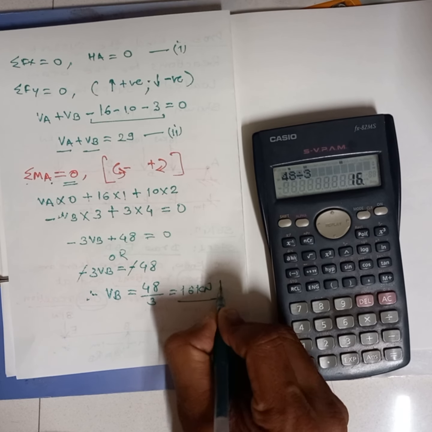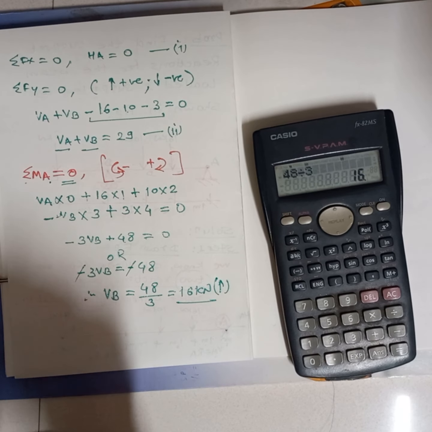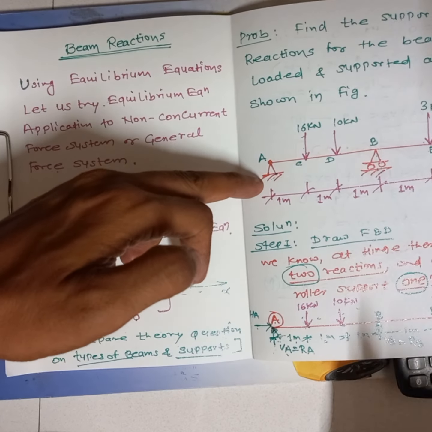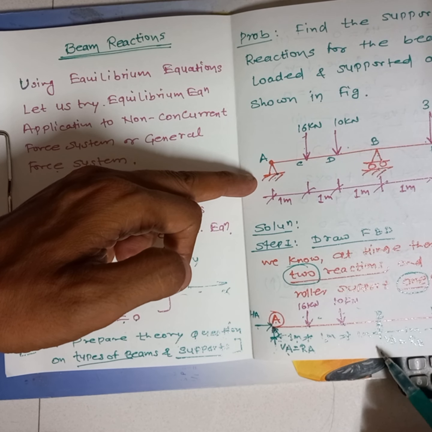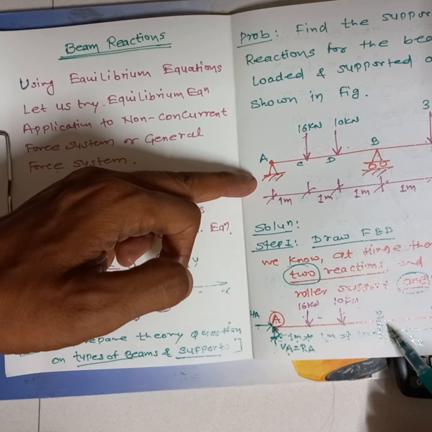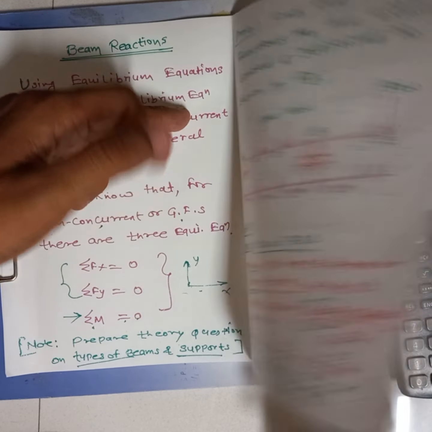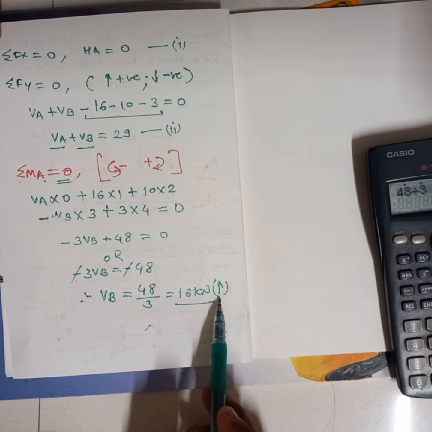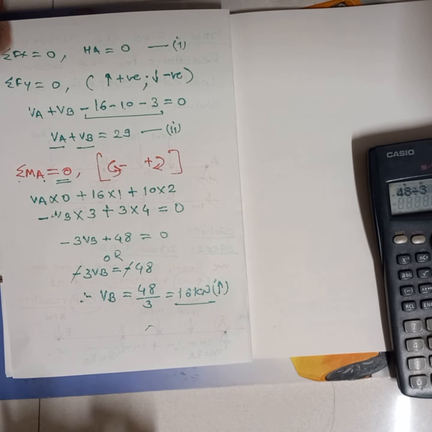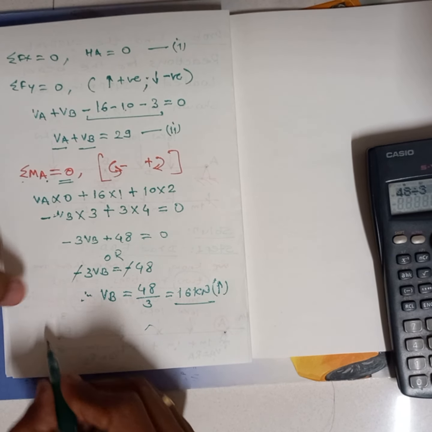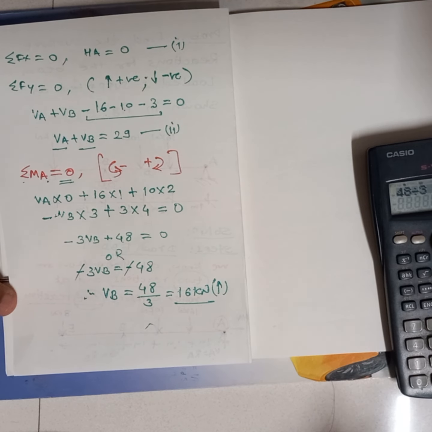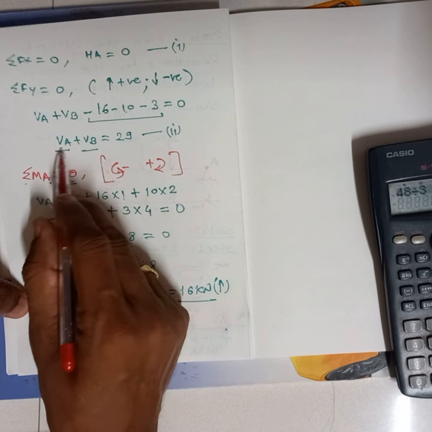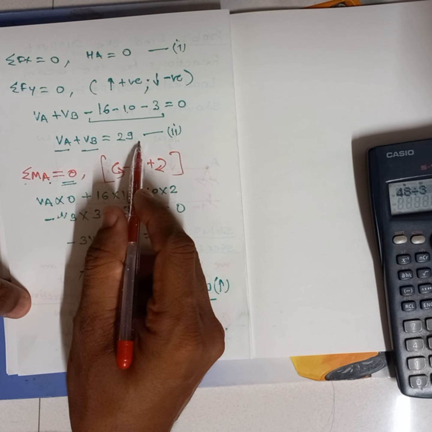And as it is plus, it means my assumed direction of VB is correct. So VB I assumed upward initially, and I got plus, hence sign convention I have assumed is correct. Now substituting VB in equation number 2, you can see here we have VA plus VB equals to 29.